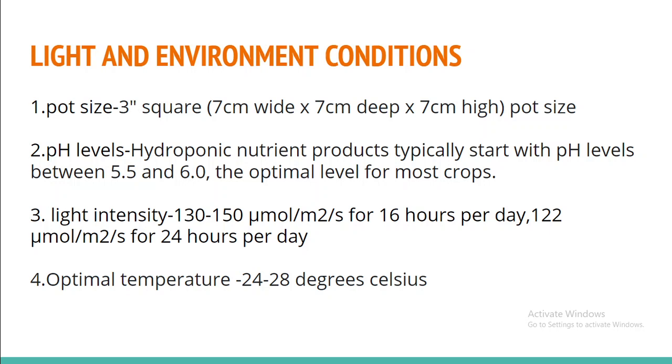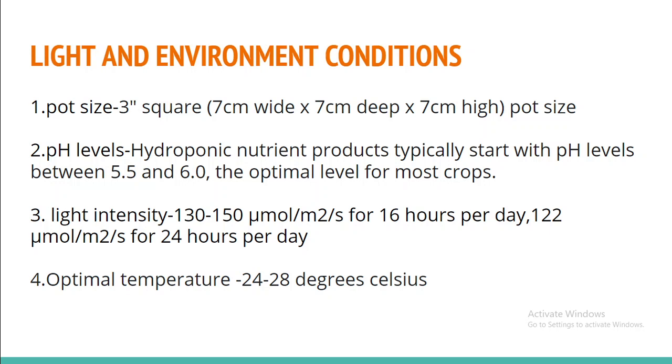Here we are choosing a pod size of 7 centimeter wide, 7 centimeter deep and 7 centimeter height, and we are maintaining a pH level from 5.5 to 6 because we are using a hydroponic system, not soil. And for the optimal light intensity, if you are using 16 hours per day, then we will be using a range of 130 to 150.